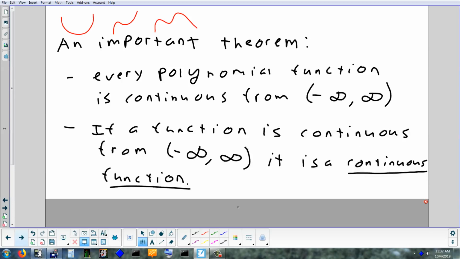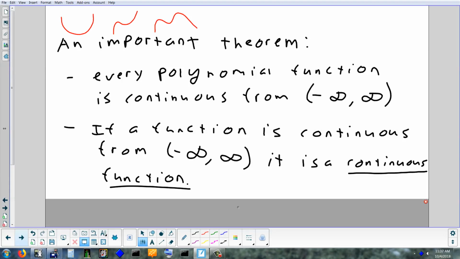So what that means is if you have a function that is continuous from any starting point to any stopping point, then we call that a continuous function. There is nowhere you could ever have to lift your pencil when you're drawing it. Ever, no matter what.